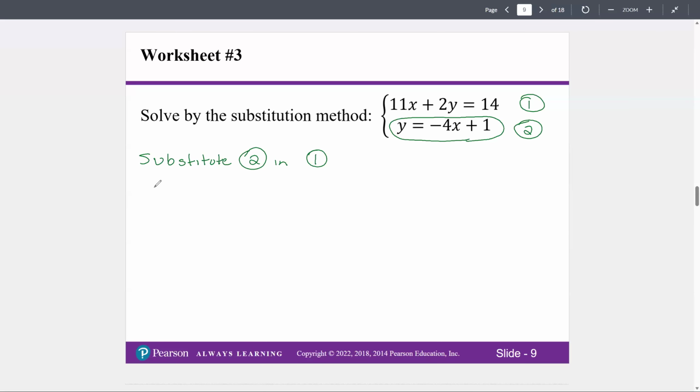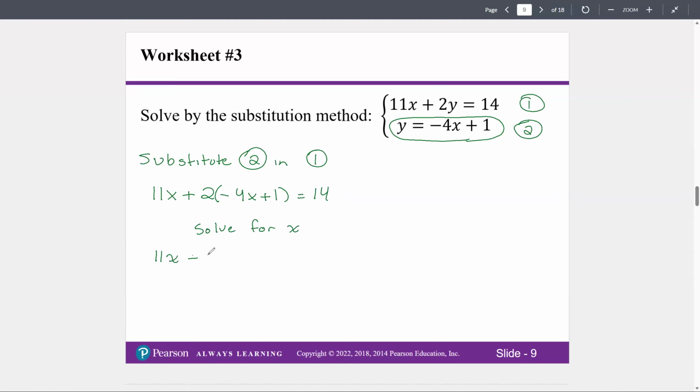So we see that we're going to have 11x plus 2 times what we said y is here, negative 4x plus 1, and all that should equal 14. And then we're just going to solve for x.